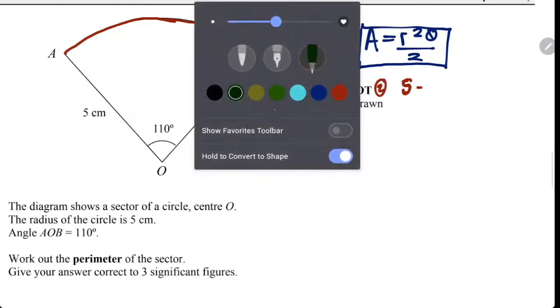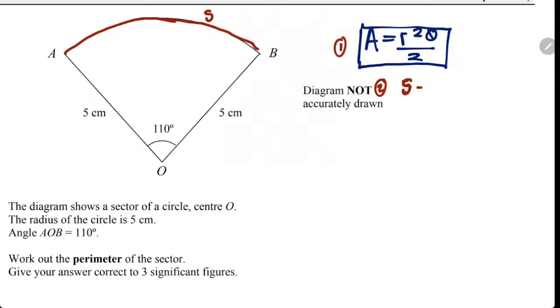Can you hear me, Millicent? Did you write down the formula for S or you haven't written it down? Write it down. S is r theta. Okay? Write it down. Okay, Millicent?